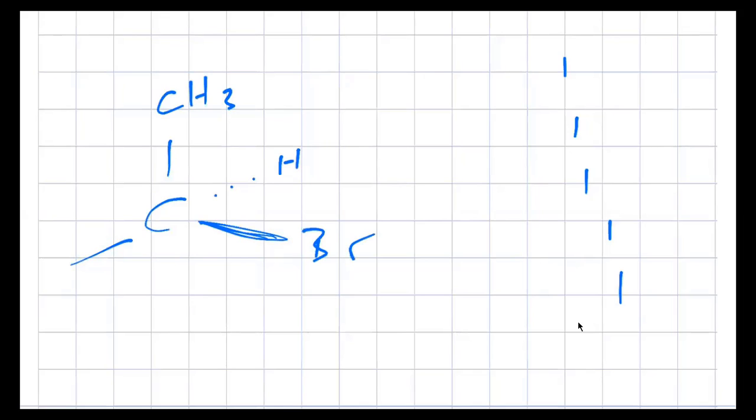All right, so if this is my carbon, what did I have up here? CH3, H, Br, and then OH. So in the mirror image, if I draw that, I should have had my models.